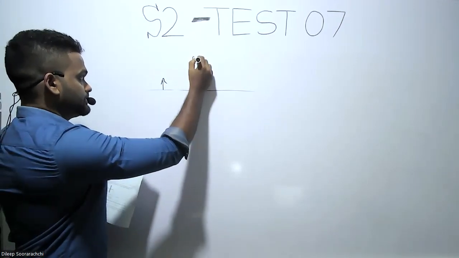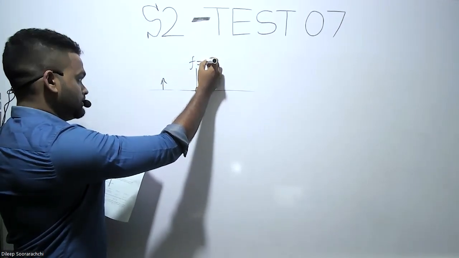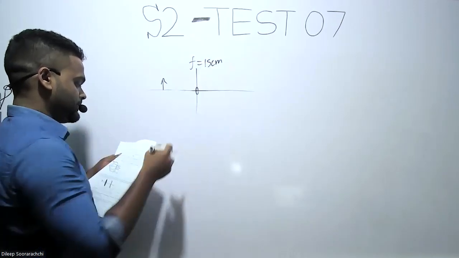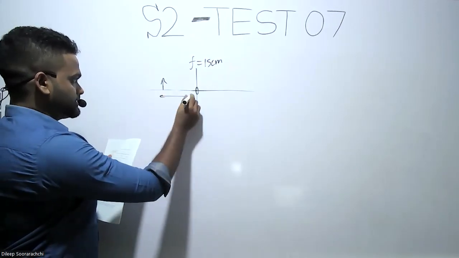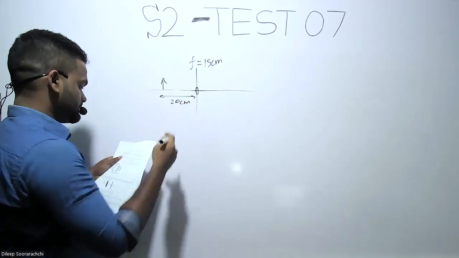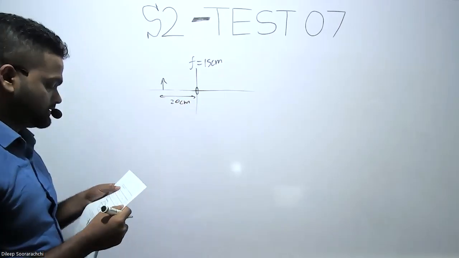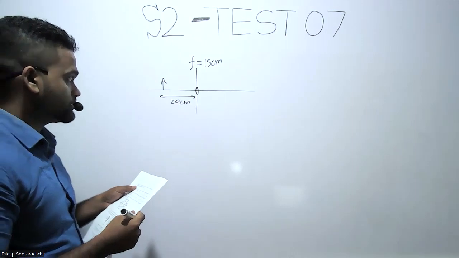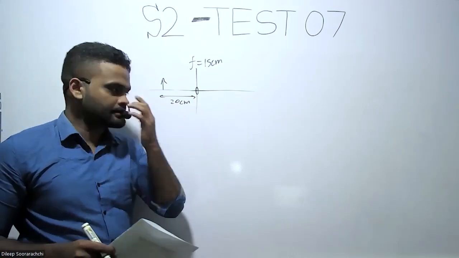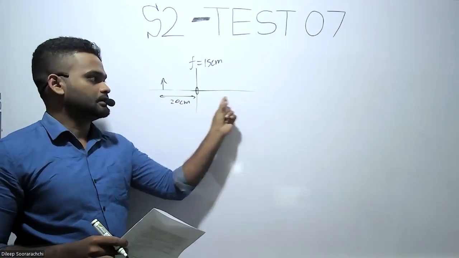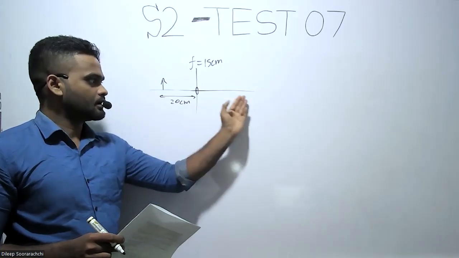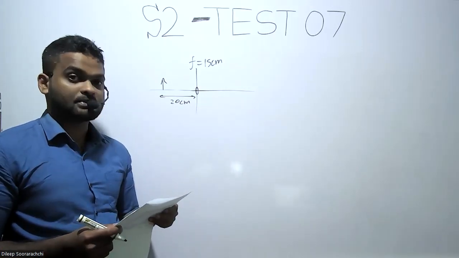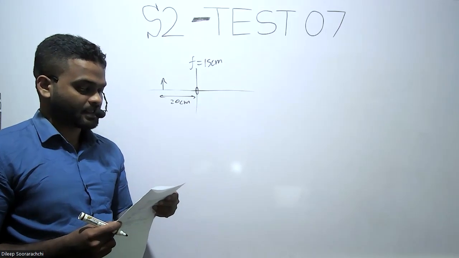And the focal length is given as 15 centimeters. Object is placed at 20 centimeters. So what they ask is linear magnification. In order to find the linear magnification, we have to find the image distance, that is simple v, right?